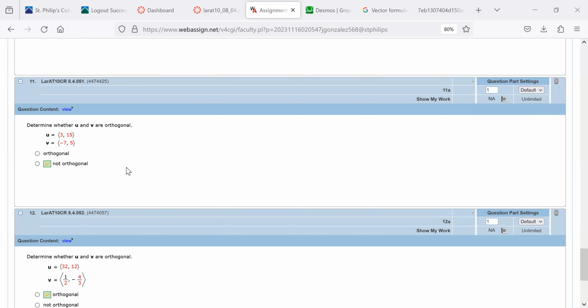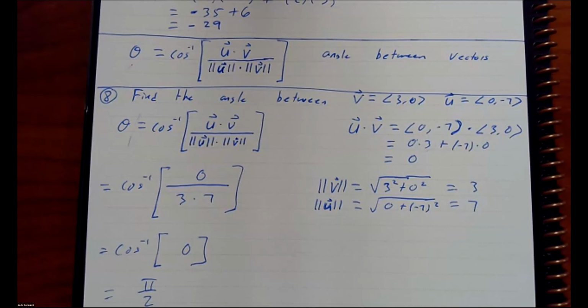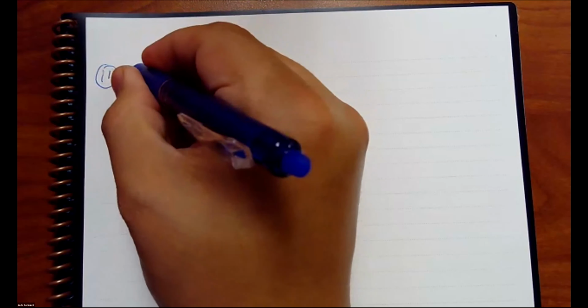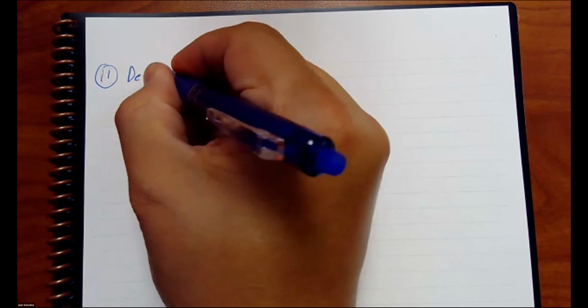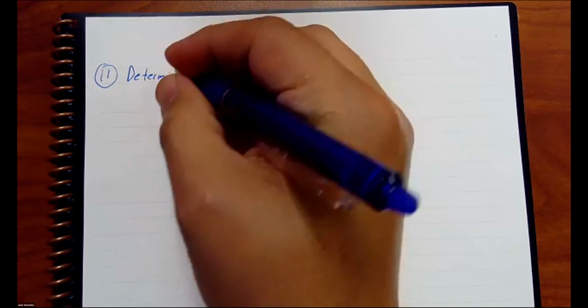You can multiply them and see. Let's do the dot product and see if it's 0. That's it.